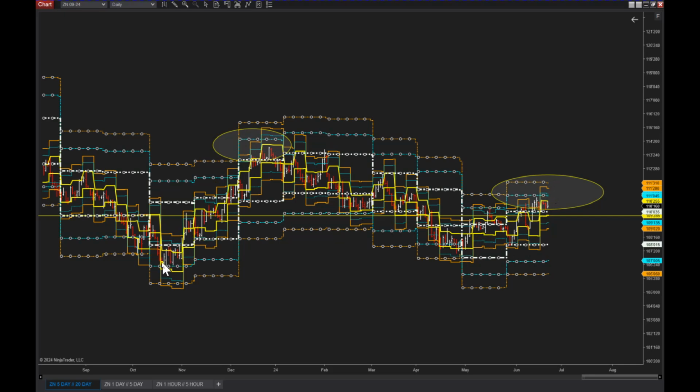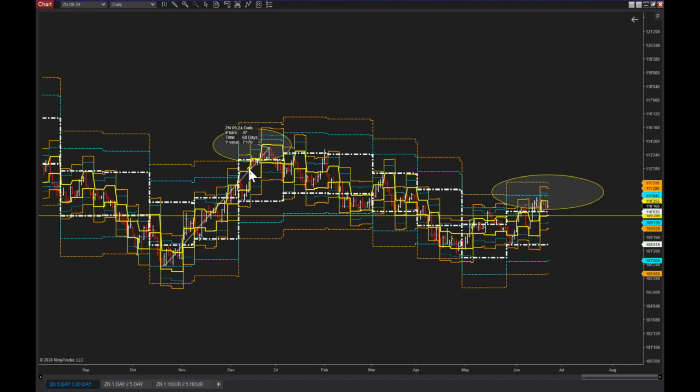So you could measure this leg and say we can project that it would possibly go the same distance, and that would be, looks like 115, 160, thereabouts, potentially for a measured move up and out.